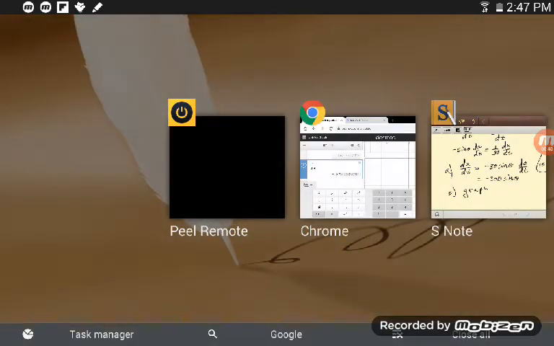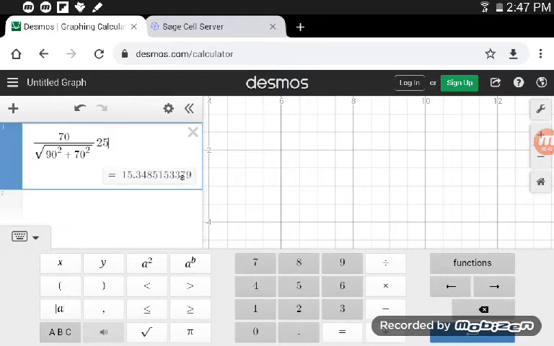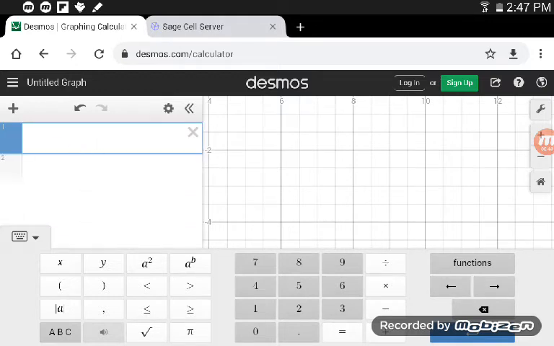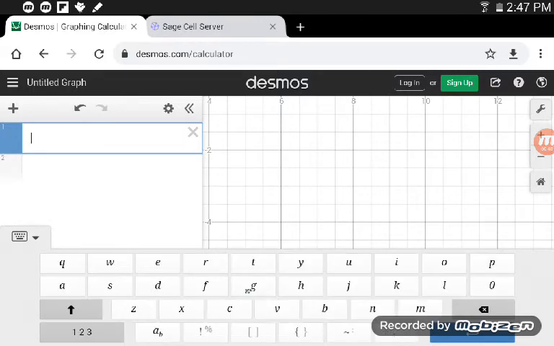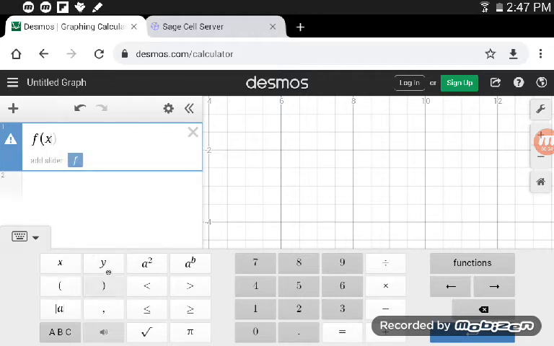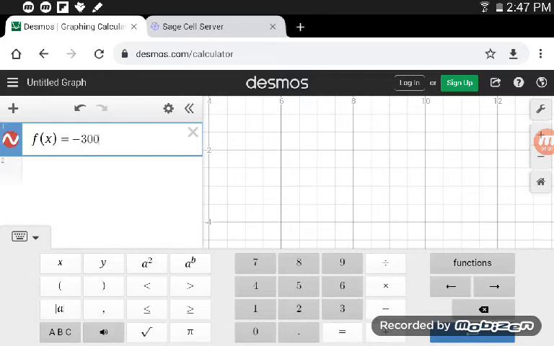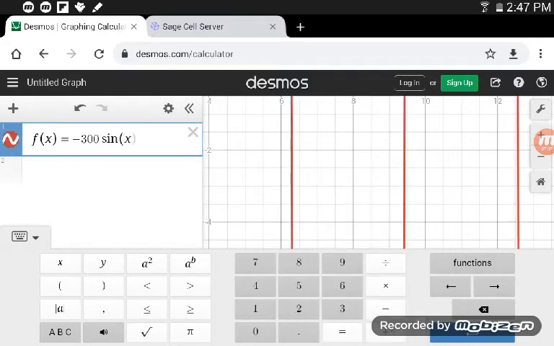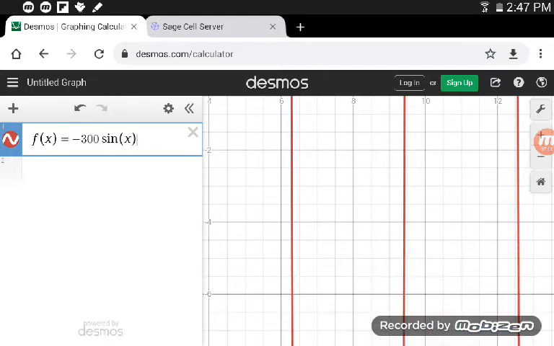So we get rid of that and say f of x is equal to negative 300 sine of x. Close that off. Okay, so there we go.